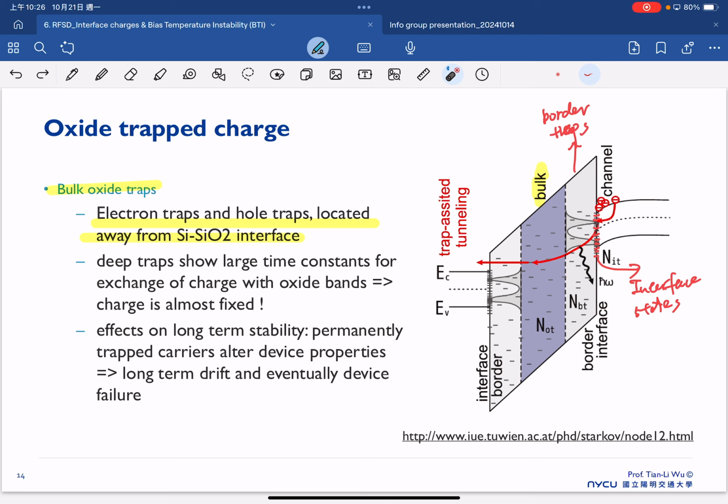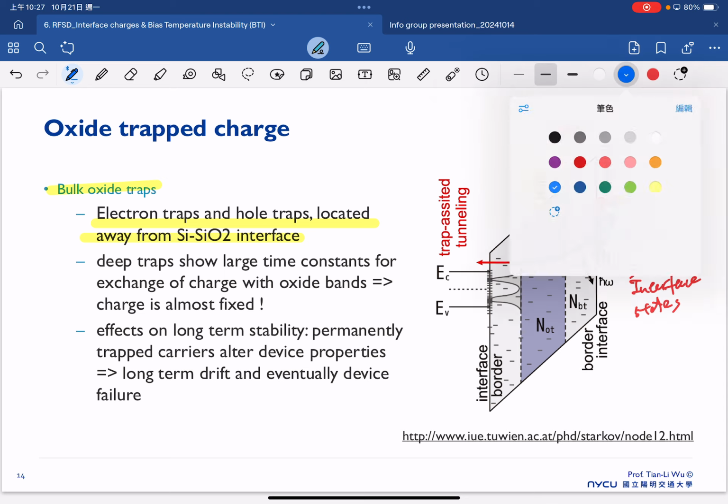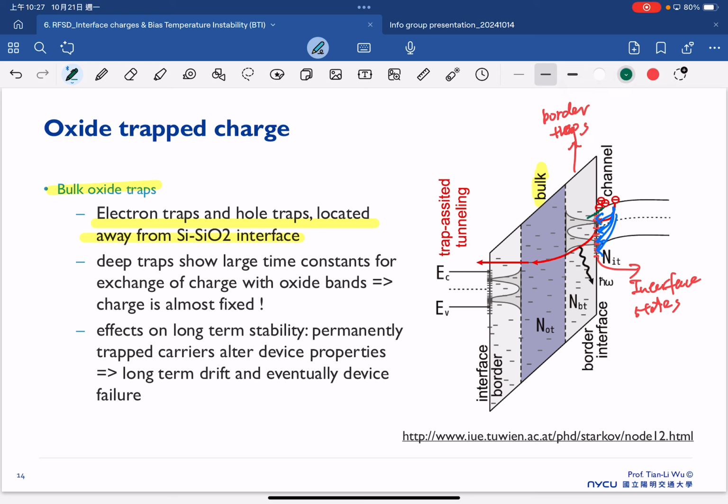So that's the theme here. We have electrons that might be trapped by the interface state, or electrons that might be trapped inside the border region.